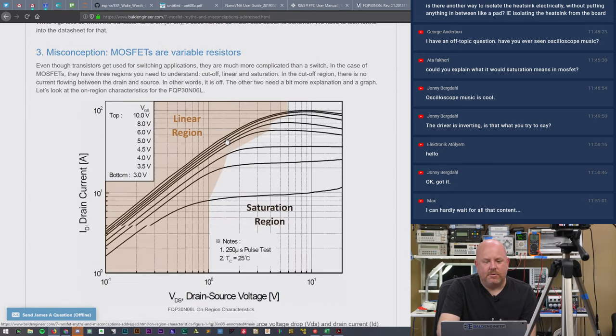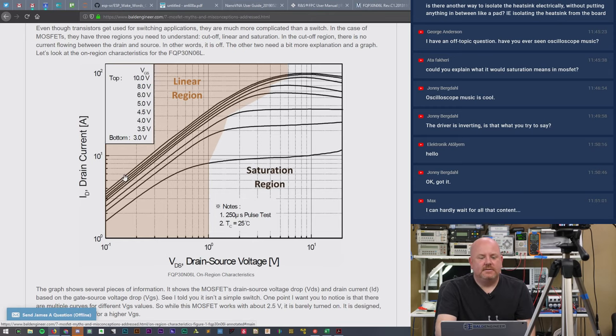And one thing I wanted to point out, if you look at this, this is actually the same graph I've been using. I just didn't have it colorized in the example here. So this is from the FQP 30N06L, whatever, the logic level FQP. So this is the transfer characteristics or the output characteristics or the on region. So drain current, voltage, the drop across the transistor with that certain drain current, different VGS values.